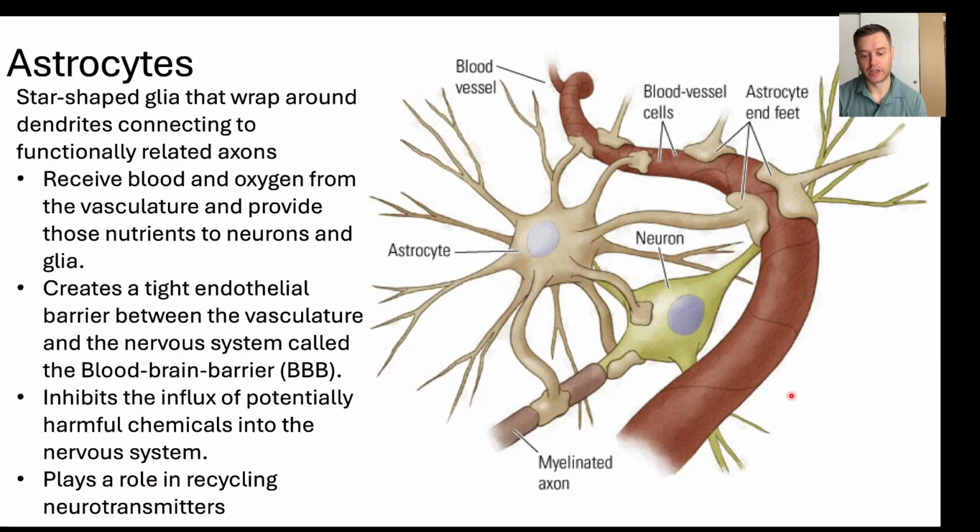So you can see that there are these feet that are around the neurons, but what you can't see is that the part of the astrocyte is right next to where neurons are communicating, and any of the neurotransmitters that are floating away from that synaptic site get sucked up by astrocytes and then recycled into neurons. So definitely you need to know these 4 bullet points about astrocytes.